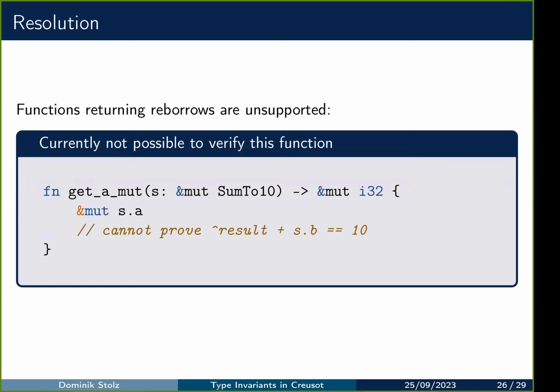But to support that, we would need a new kind of specification, a kind of precondition which says that whatever the caller does with the returned reference, the caller only changes the returned reference in a way that preserves the invariant of S. This is maybe similar to an assert on expiry, but currently Creusot does not support such contracts, so we cannot verify this function.